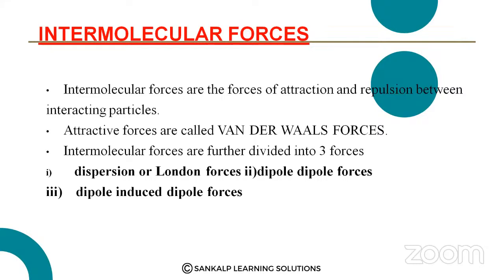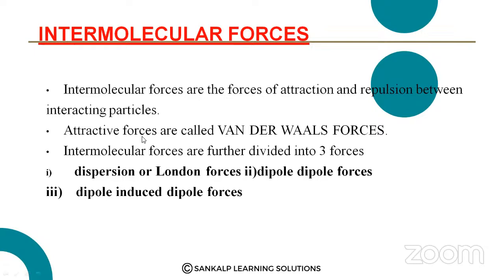So what are these intermolecular forces? There is something called intermolecular forces. Intermolecular forces are the forces of attraction and repulsion between the interacting particles. These are the forces which are acting between the interacting particles.